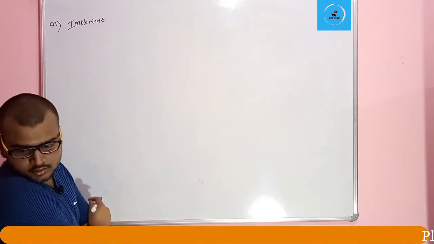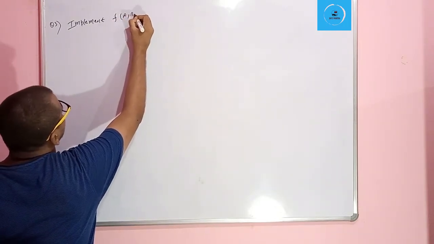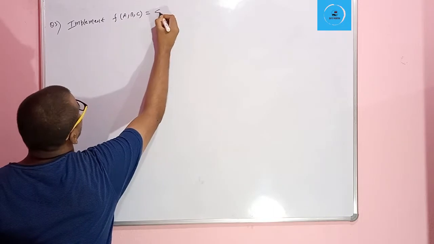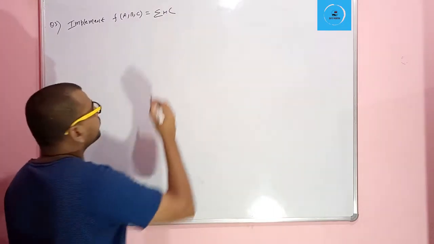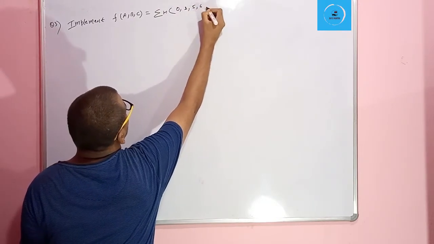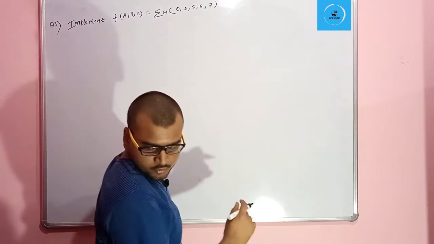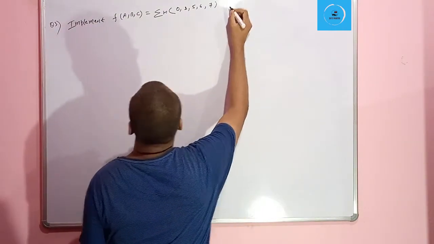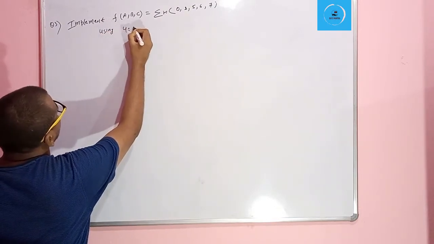Implement the function of a, b and c equal to summation of m, 0 1 5 6 7, using a 4 to 1 mux.